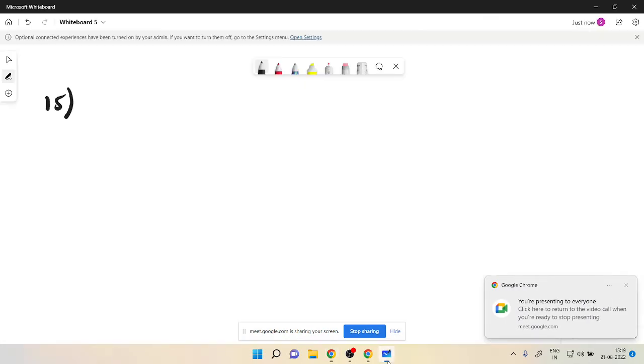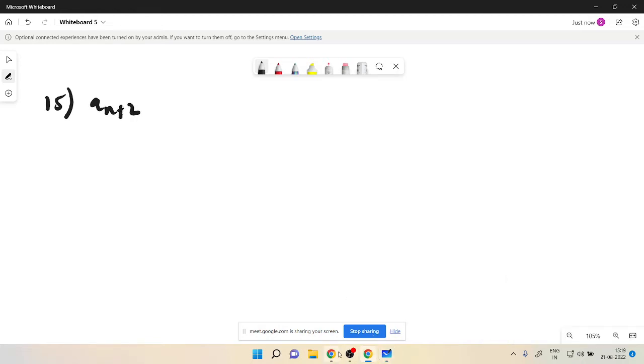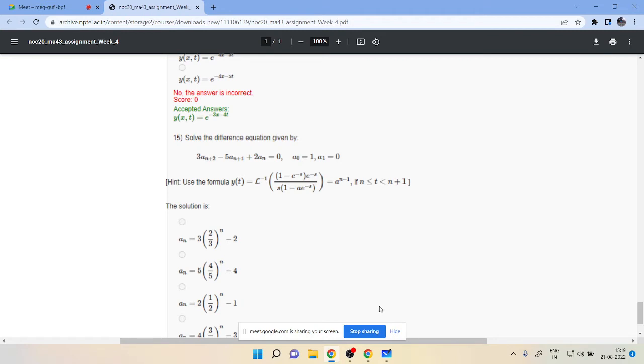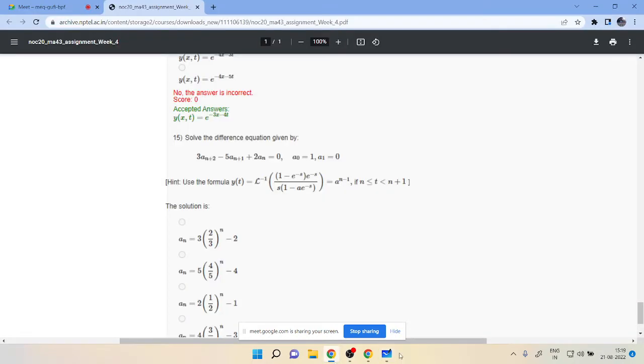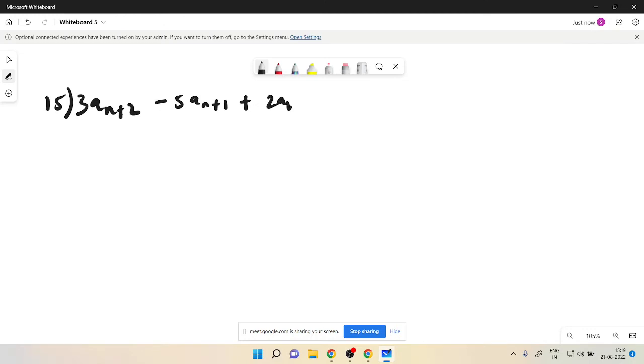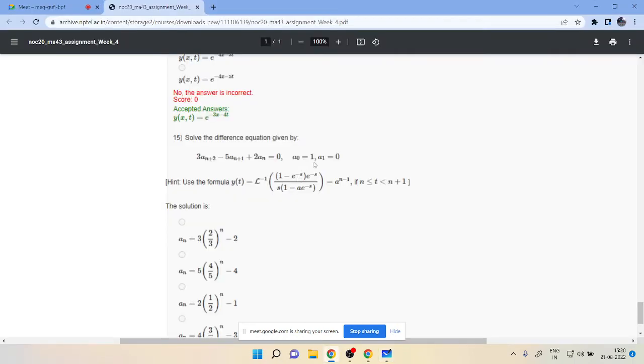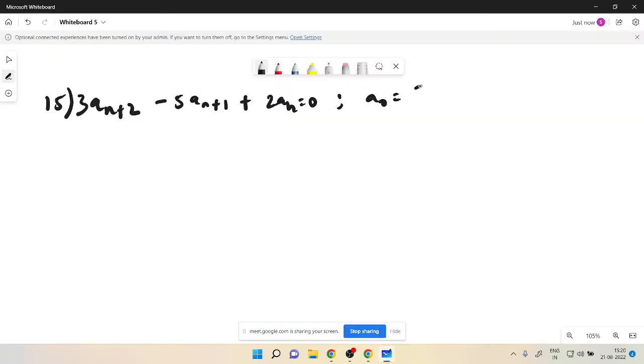Question 15 is basically a discrete time difference equation: 3a(n+2) minus 5a(n+1) plus 2a(n) equals 0, with a0 equals 1 and a1 equals 0.